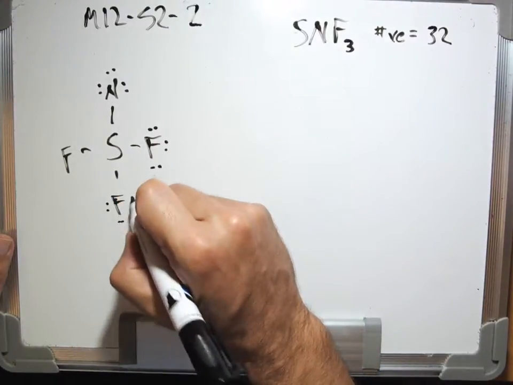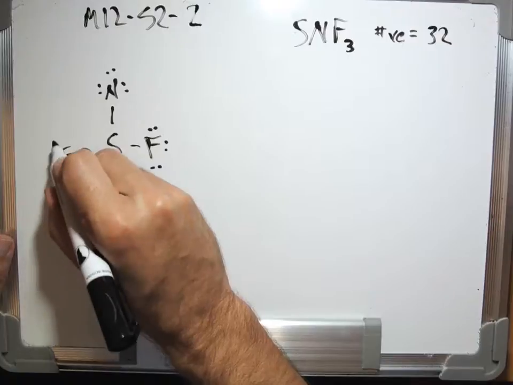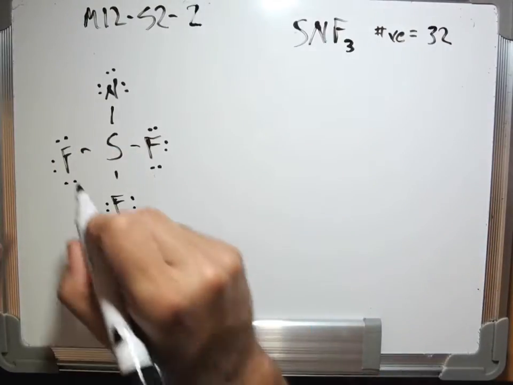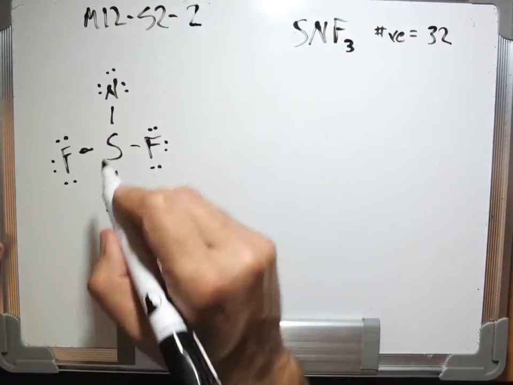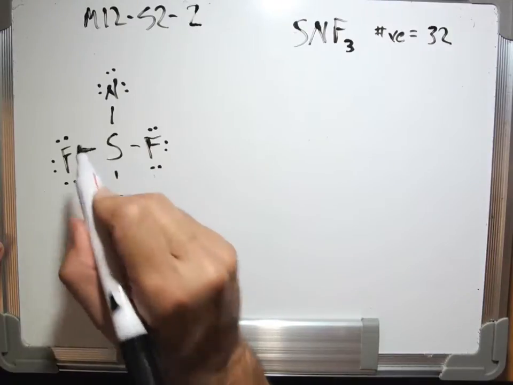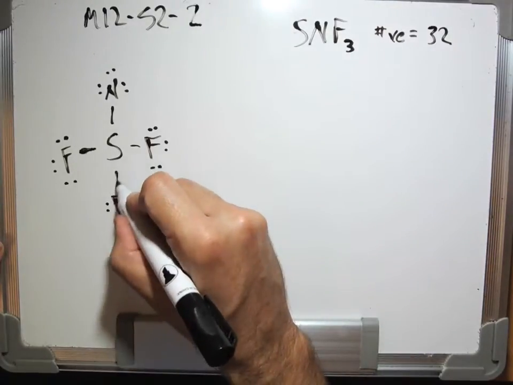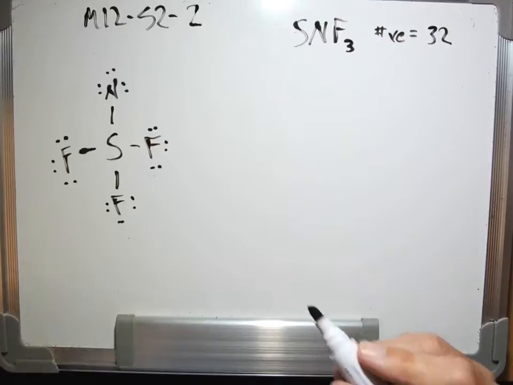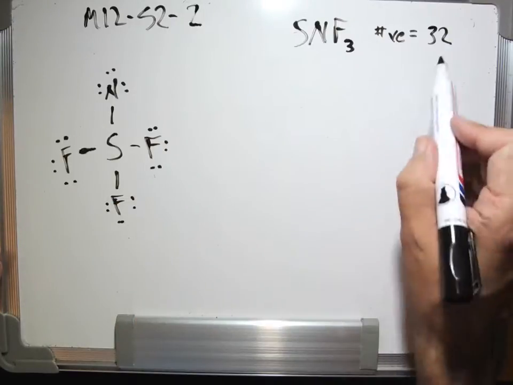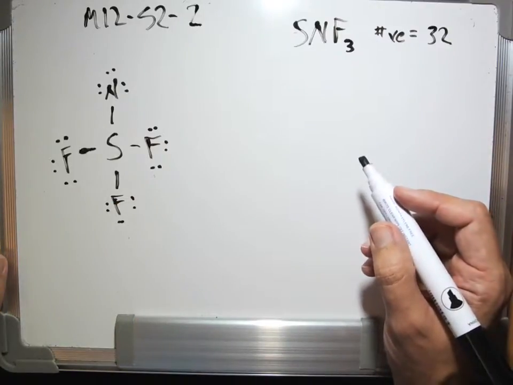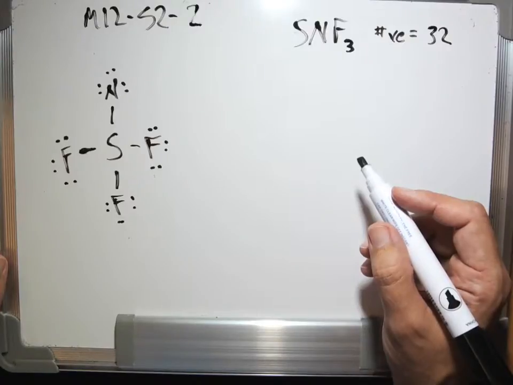And here that is everything. So all of the adjacent elements now have their octet, as does the sulfur in the middle. I've got 8 times 4 for 32, so I have used the requisite number of valence electrons.